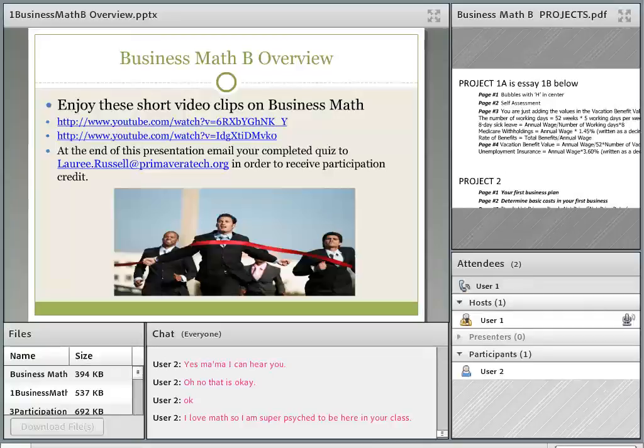You are welcome to come in and copy and paste that. I also have it in the file folder on the bottom left. It's called Business Math B Projects. You can download that. It will be very helpful for you. The formulas for each lesson, you can find those in Activity 1, Keywords, and you scroll to the bottom and it's under Teacher Notes. So every formula that you will need for this class will be in that area.